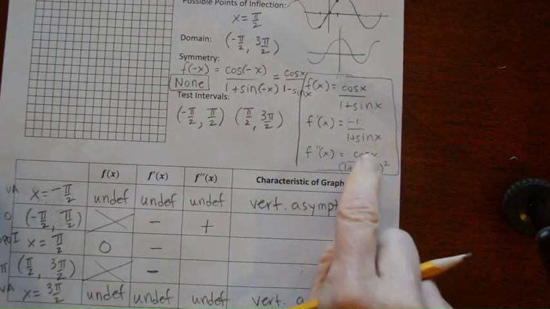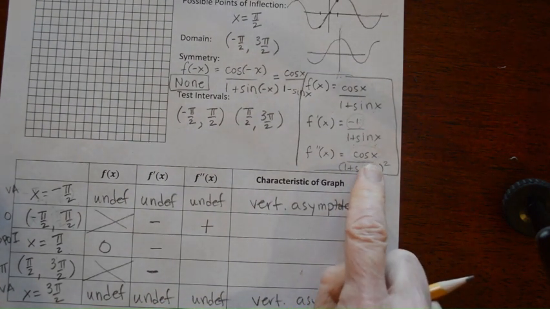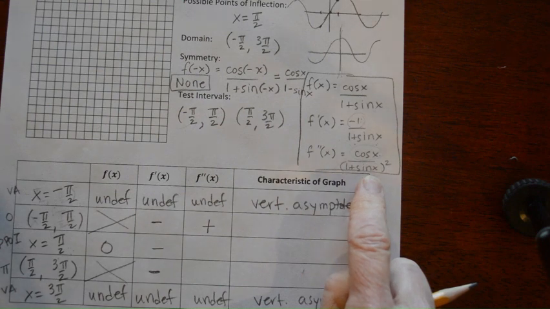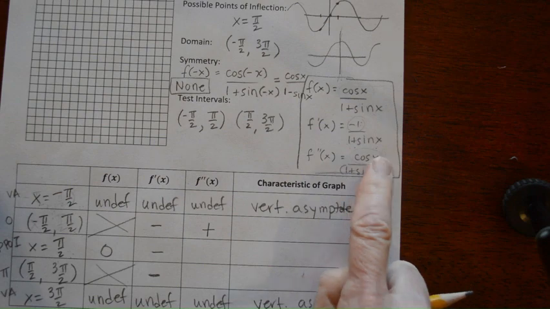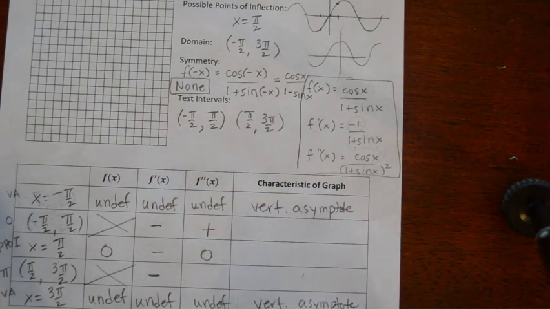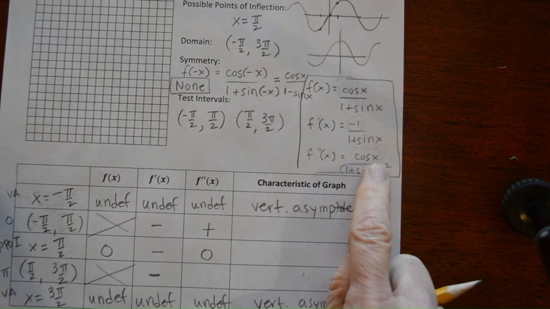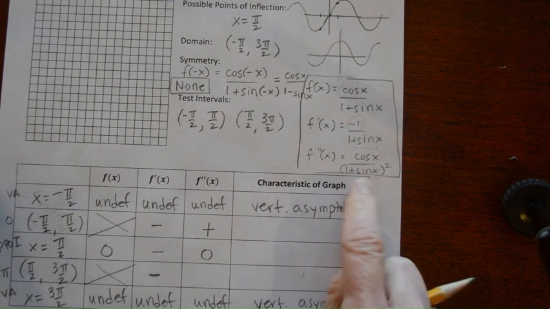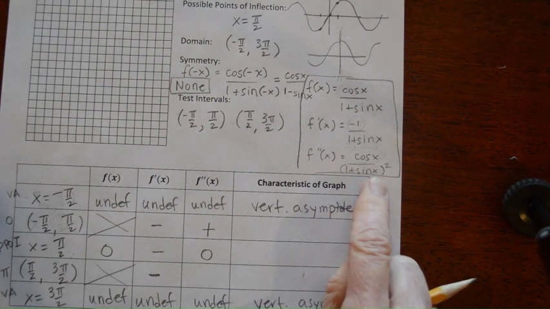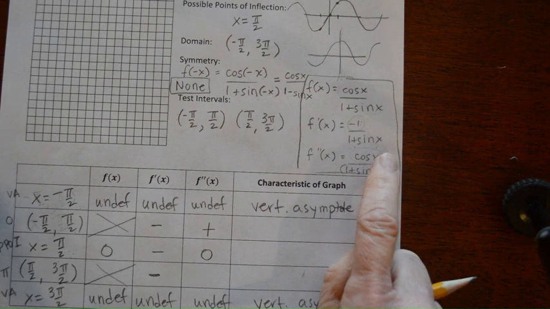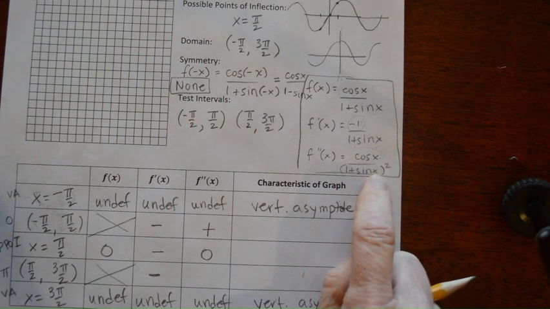We put pi over 2 in, cosine of pi over 2 is 0, and then 1 plus sine of pi over 2 is 1 plus 1, so we've got 0 over 2, so this is 0. And then we do the same thing for pi. So cosine of pi is negative 1, and then sine of pi is 0. So the denominator is 1. Actually, this is always going to be positive unless it's 0, so it's not 0 here. So we end up with negative 1 over something positive. So this is negative.